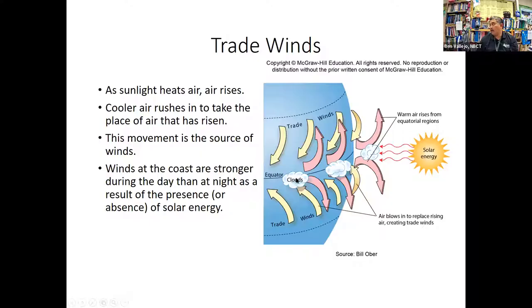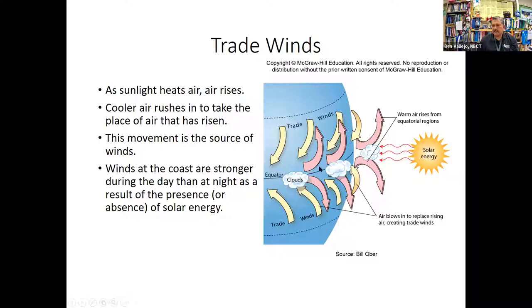It's easier to see on maybe a globe, but what happens is that the equator is slightly closer to the sun, so the equator gets more energy per unit area. Because it gets more sunlight, the air is going to heat up and rise over the equator, but then it gets pushed to the north and south. I think that's a red arrow right here.